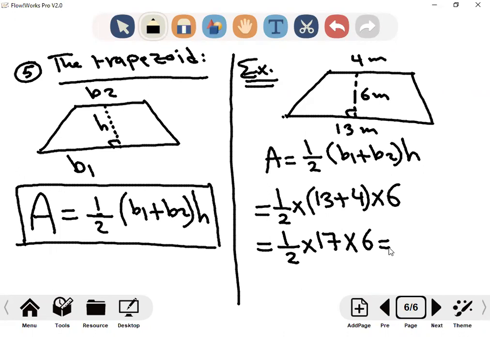Will be 51 meter to the power of 2. Thank you, Nidal. This is, guys, how we find the area of the trapezoid, and we will get enough today.